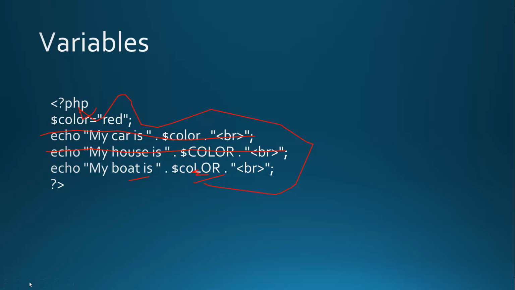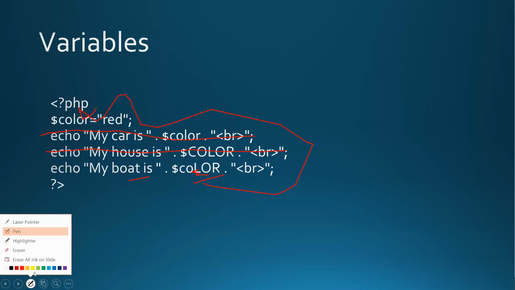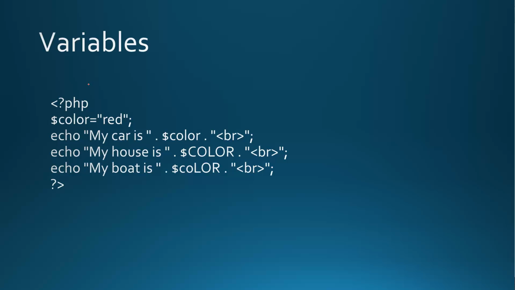So the main thing we can learn from this video is a couple of things. We know now how to create a variable. We know how to name a variable. In this case, our name was color. We know that if we keep everything lowercase, everything should be lowercase. In this case it was, which is correct. In this case that was wrong, and in this case it was wrong as well. So it's important to understand that. The important thing we've learned here as well is our little dot, which puts two things together.